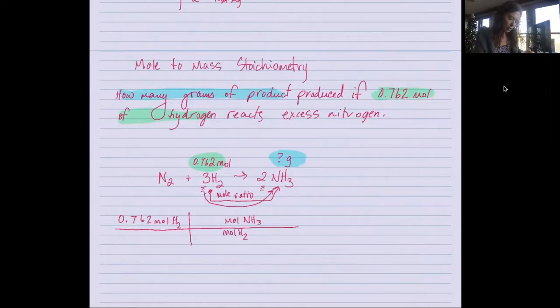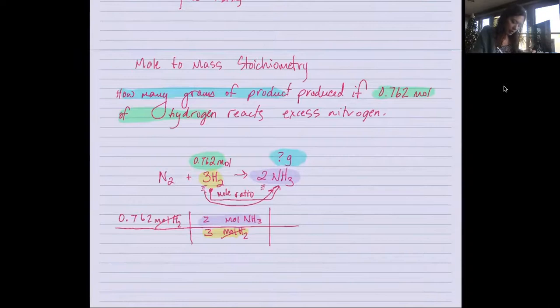By looking at the ratio provided by my balanced chemical equation, it is 3 moles of hydrogen, right? So I'm even going to highlight this, I'm going to change my color, to every 2 moles of ammonia. So that's what's going to go there. All right, I'm done with hydrogen. I used my mole ratio to get from one to the other.